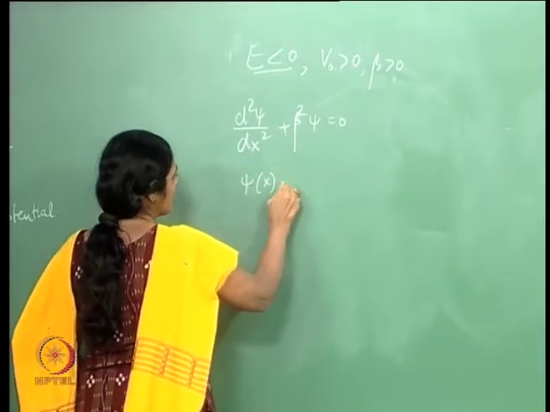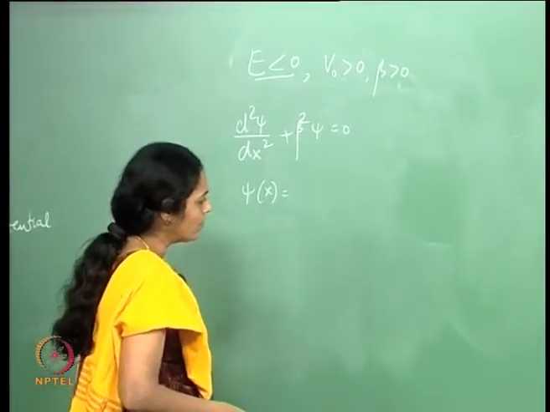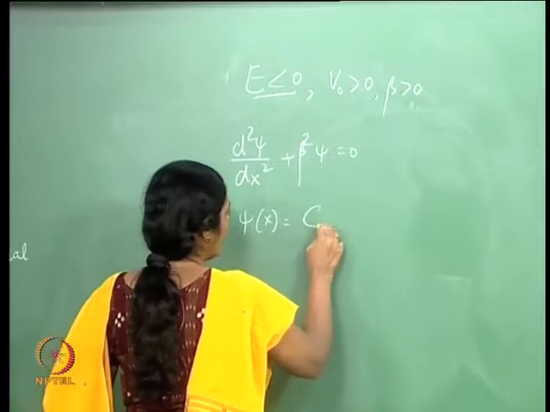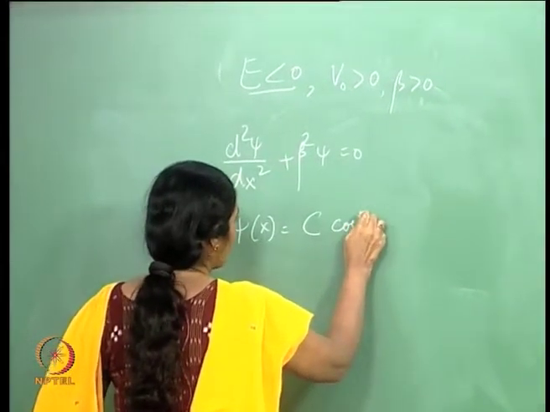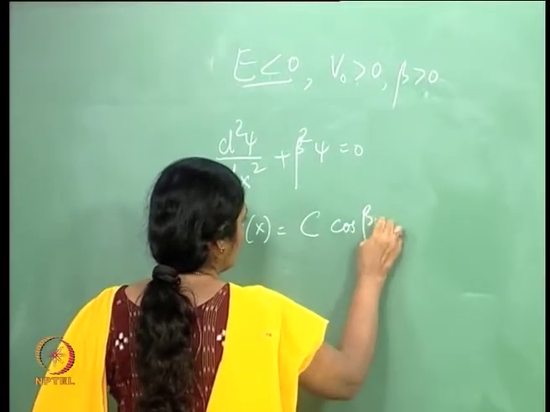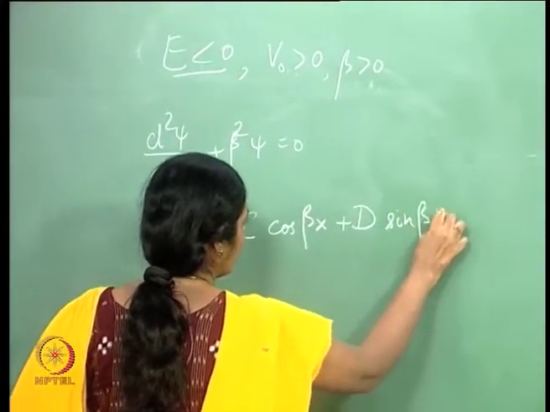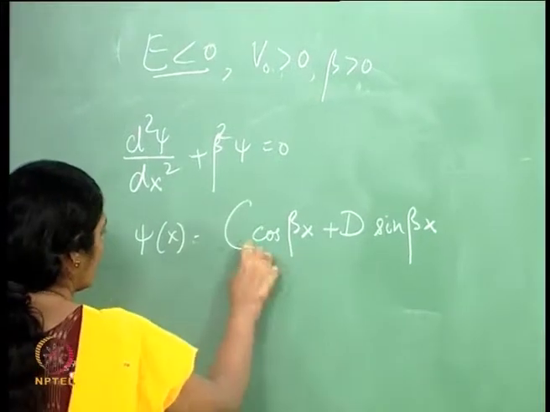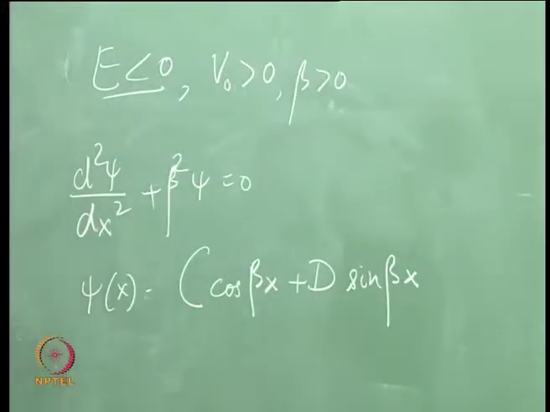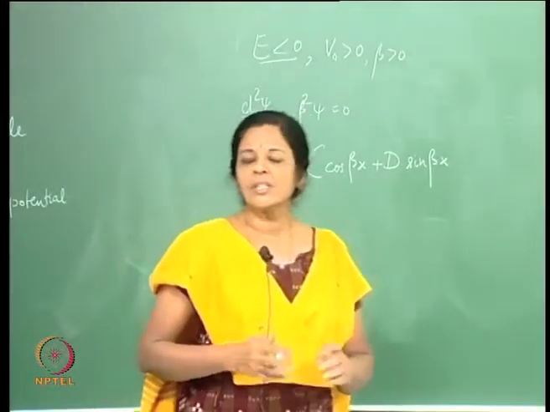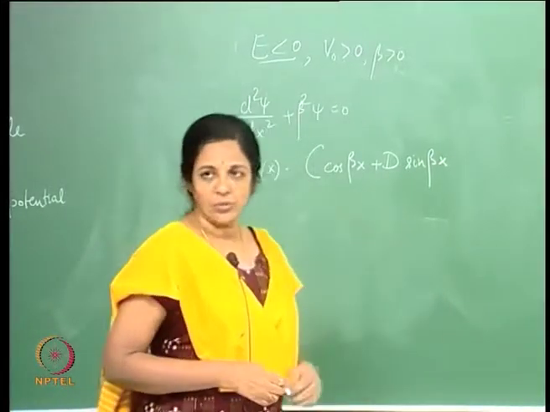Psi of x, since we've already used a and b, let's say c and d, is c cos beta x plus d sine beta x. So this is a solution in general, where c and d are constants. We have to determine a, b, c, and d, which we will do suitably.